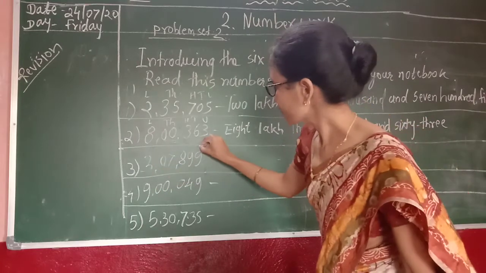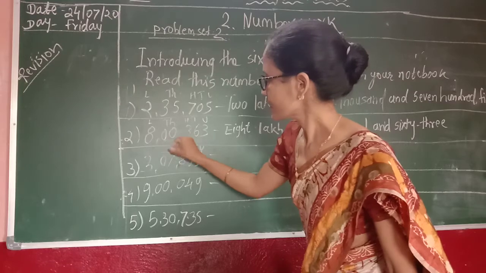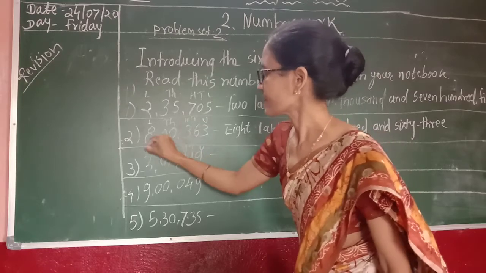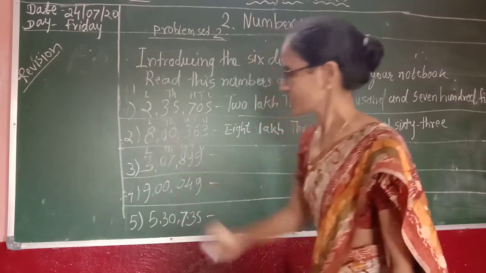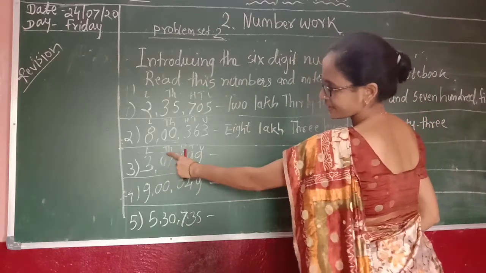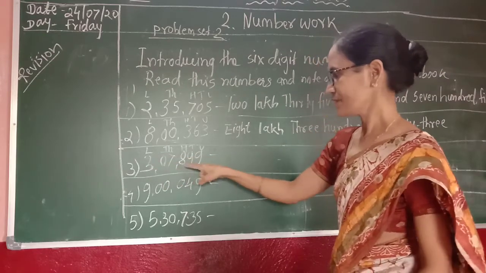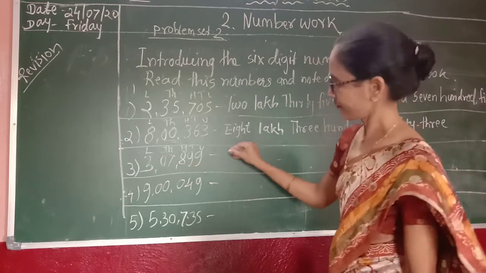3 lakh. Here also you write tens, unit, 100. This is the 1000 place and this is lakh. Which number is it? 3 lakh 7,000. Okay. 3 lakh 7,899.